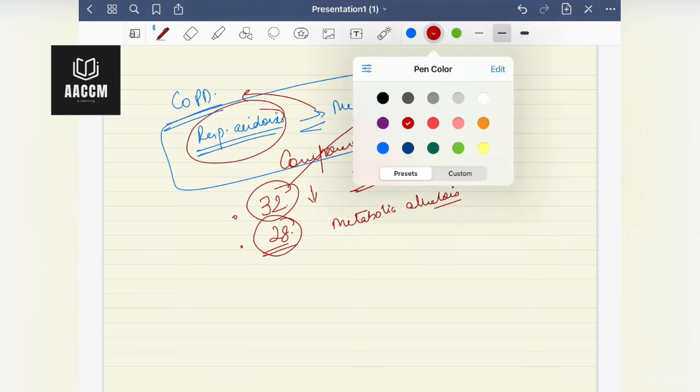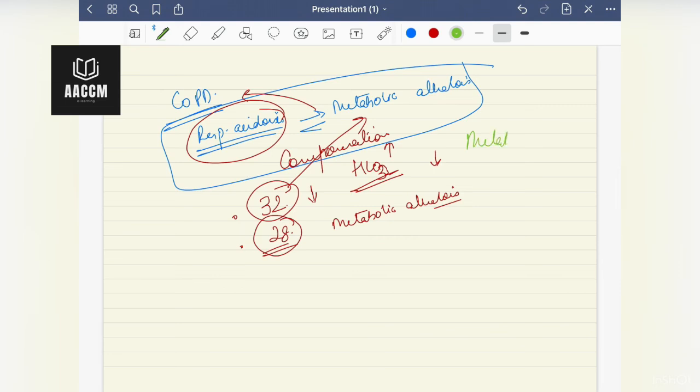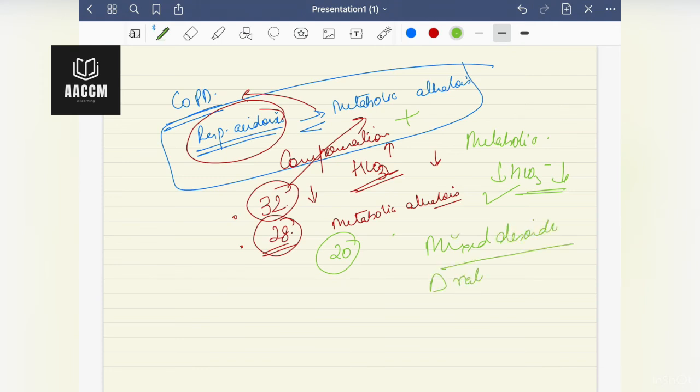Now this patient develops the primary defect as metabolic acidosis, so the bicarbonate levels should fall. But for us, the bicarbonate level will not fall below 20. So the patient is having metabolic acidosis plus metabolic alkalosis, so it's a mixed disorder which can be calculated by delta ratio.